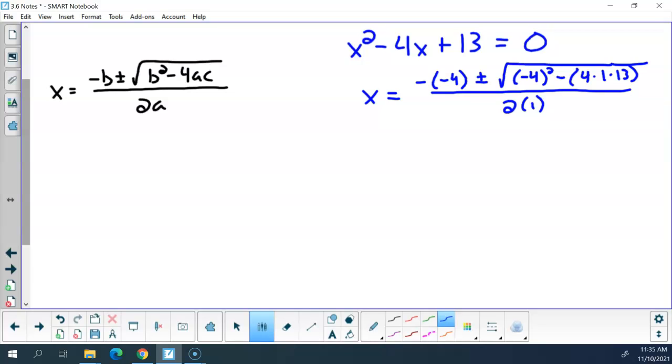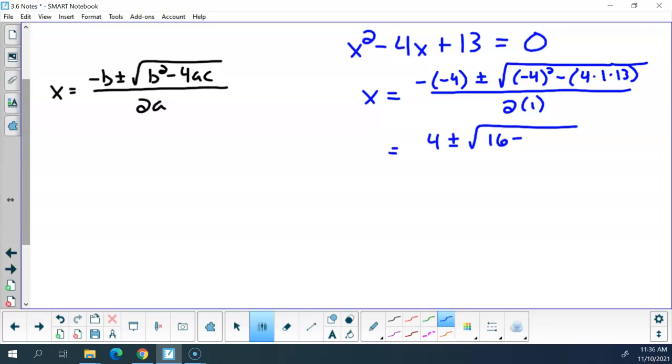Give you a moment to let that sink in. Good all around? Opposite of -4. 4. -4 squared. 16. -4 times -4 is 16.